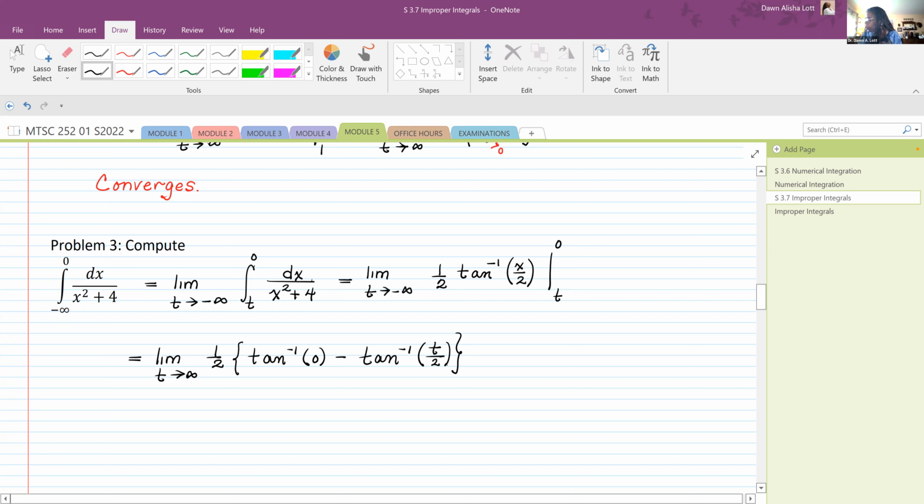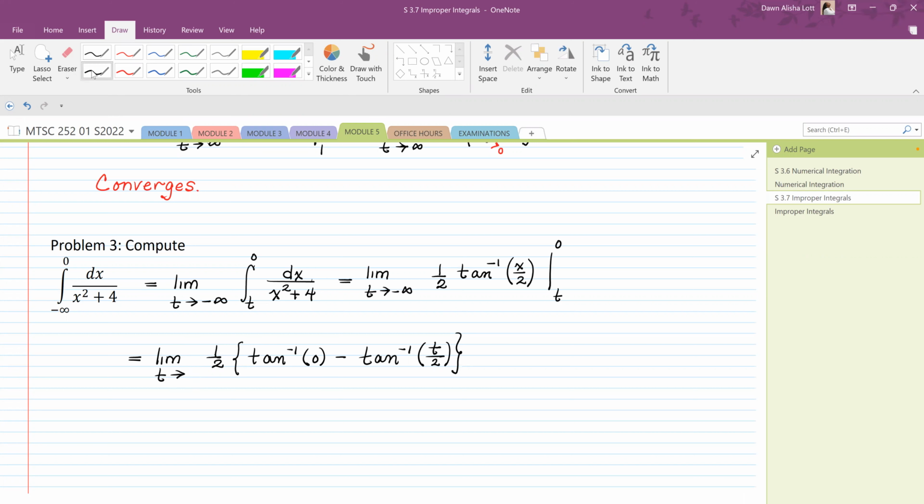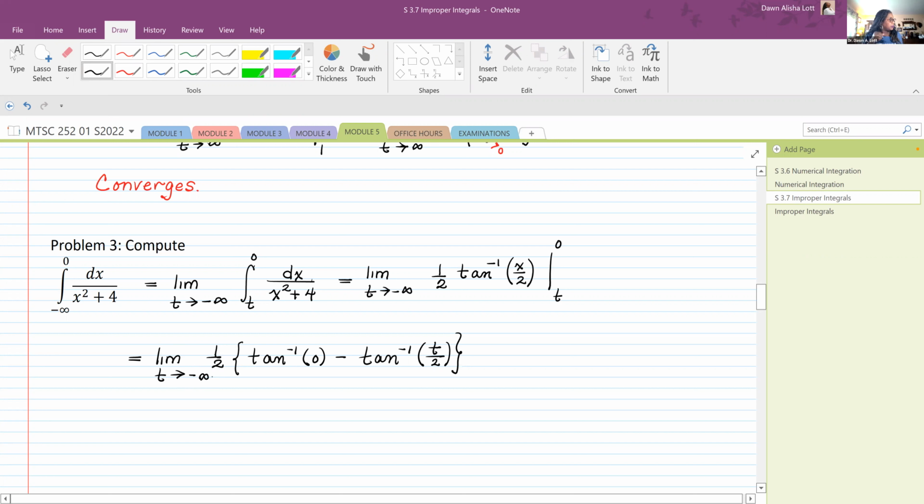Why did we change from negative to positive infinity? Because it should be negative infinity. Now it is correct.